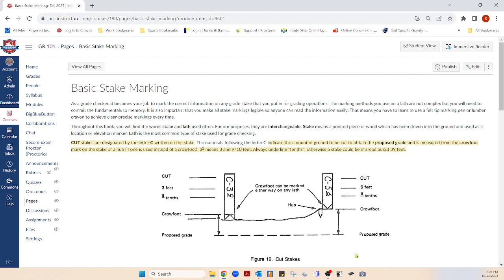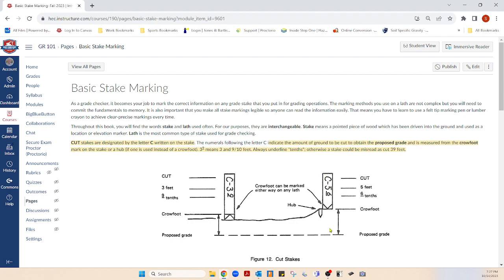Why is that? Well, look where the grade is in relation to where the existing grade is here, and here it is here. Here's your grade here. So over here, when you're measuring from here down, it's not going to be near as far as from here down, right?